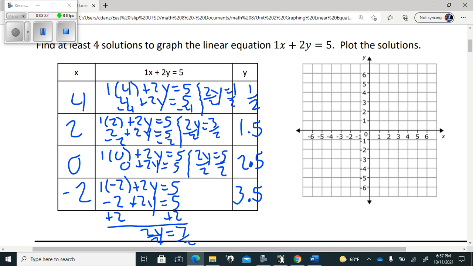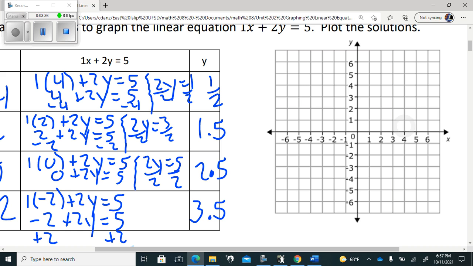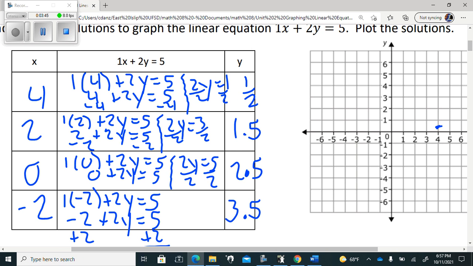4 comma 0.5. Right about here. 2 comma 1.5, 0, 2.5, and -2, 3.5.